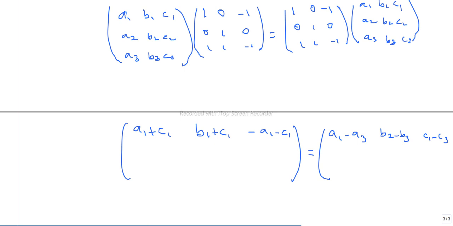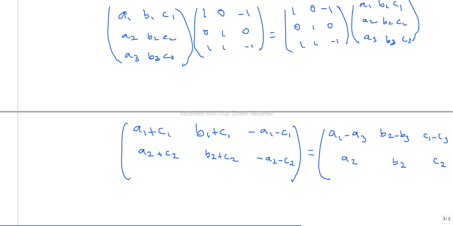Next row: A2 plus C2, B2 plus C2, and minus A2 minus C2. Here, if you multiply with this, we have just A2, just B2, just C2, right?